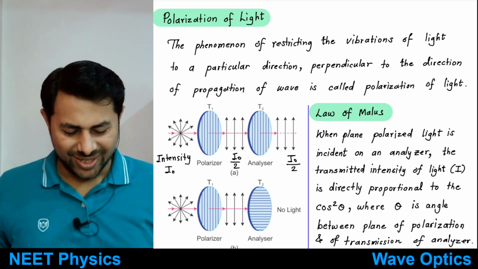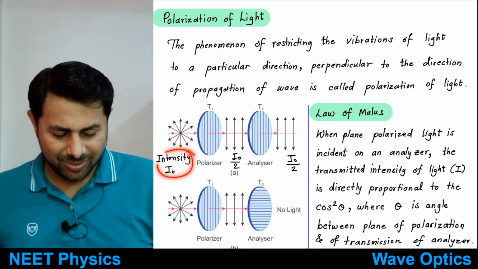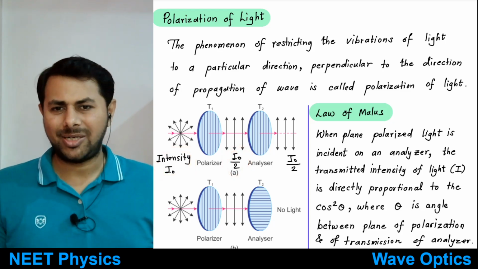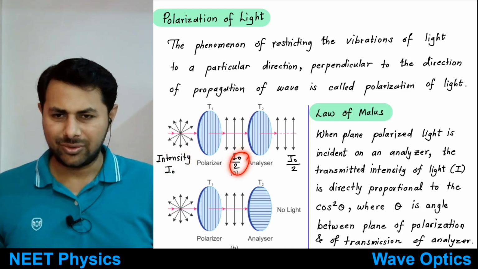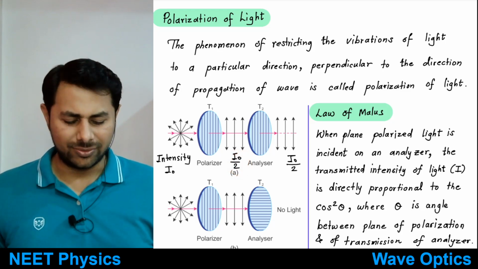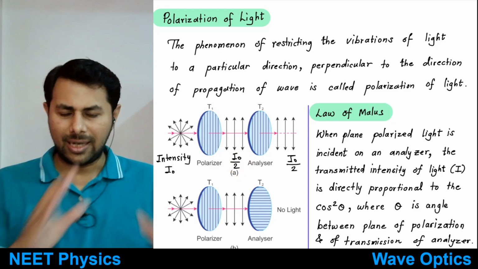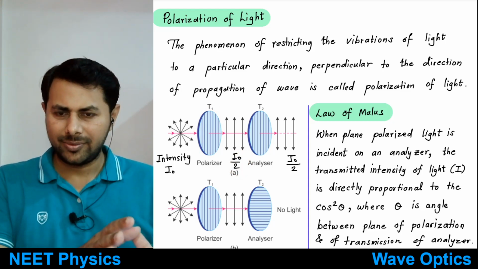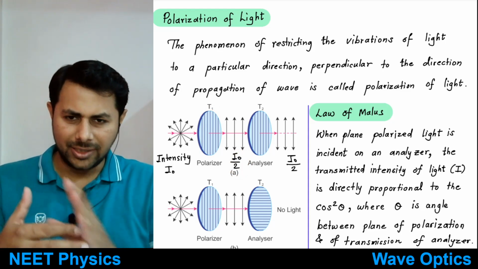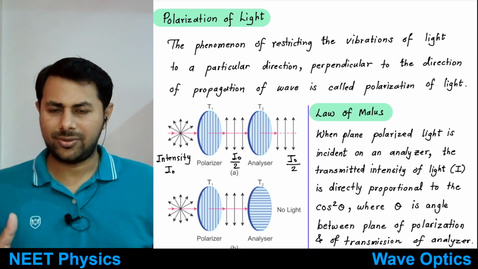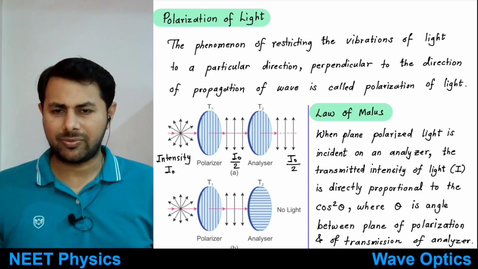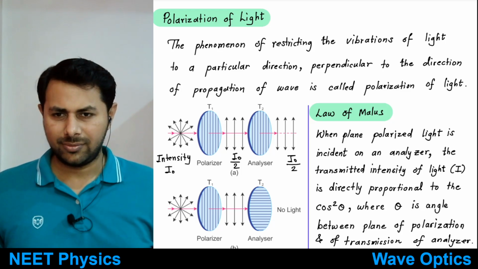So the intensity out of this would be equal to I naught divided by 2. For completely unpolarized light with a polarizer in front, the intensity of the light that passes through would always be I naught divided by 2.